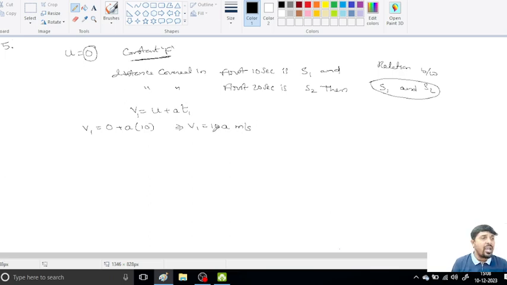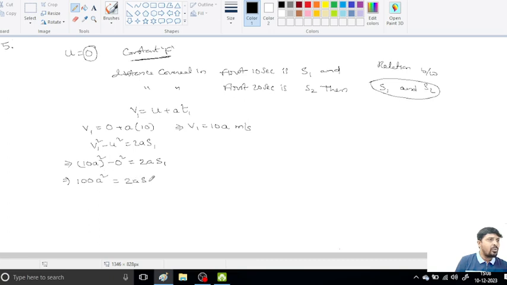And as we have to go for the displacement, we use v square minus u square is equal to 2as. Here I am writing v1 and s1. In the place of v1 I can write 10a whole square minus 0 square is equal to 2a s1, which is 100a square equal to 2a s1.